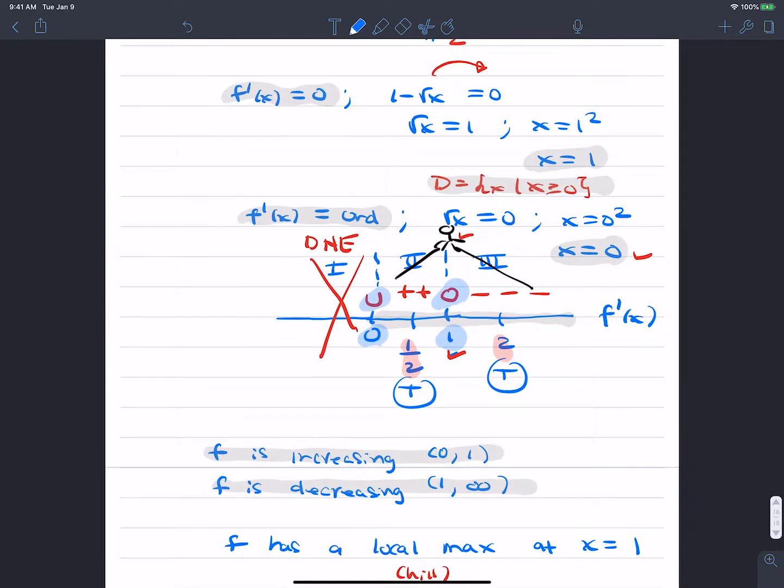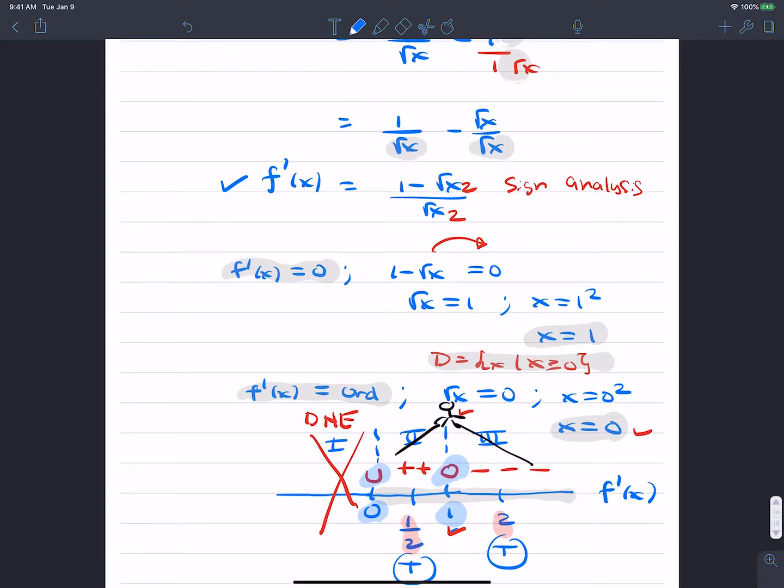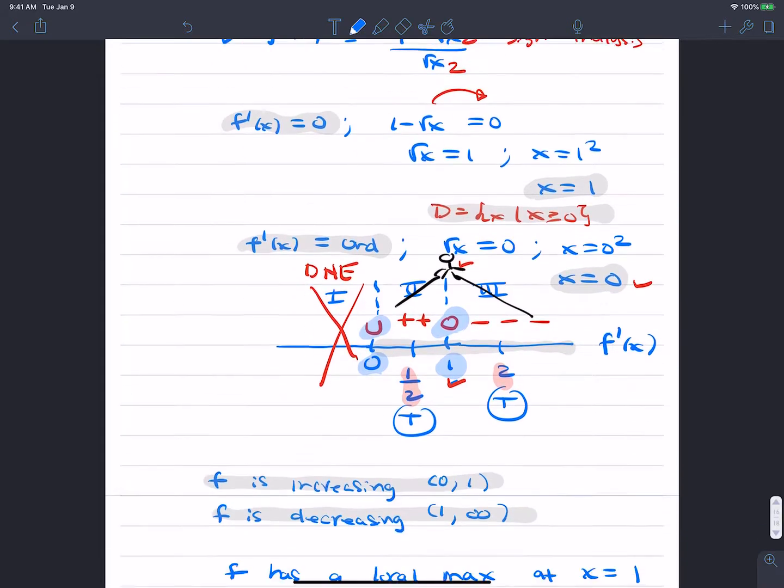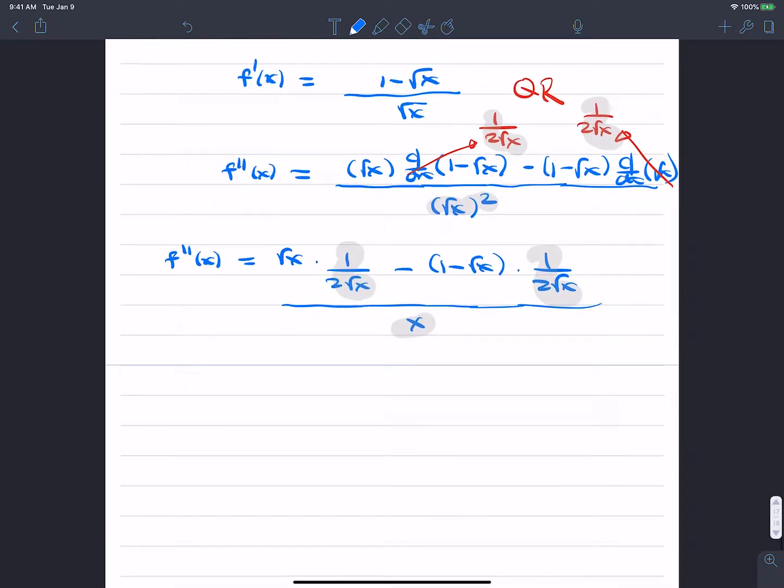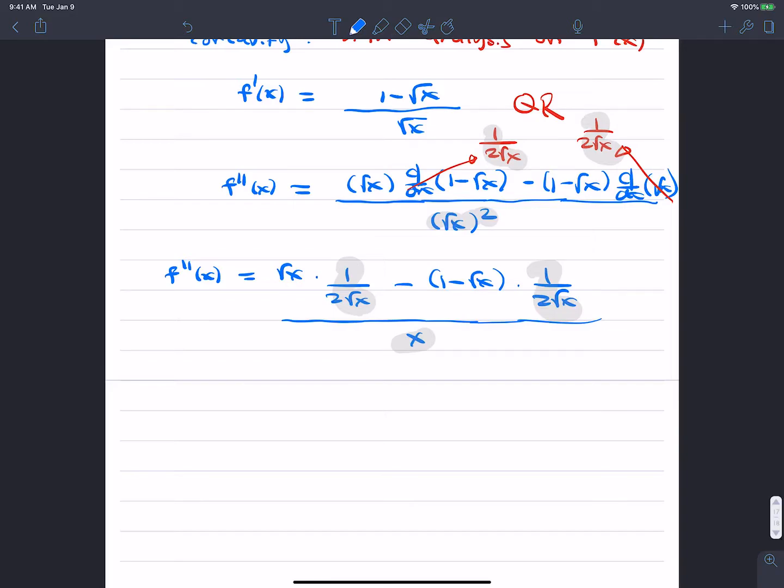Let's double check. Where's our first derivative? There we go. See this here? On the second derivative, the first derivative of the 1 minus the derivative of 1 minus the derivative. Quotient rule. Let me double check everything. Yeah, I think we're good.